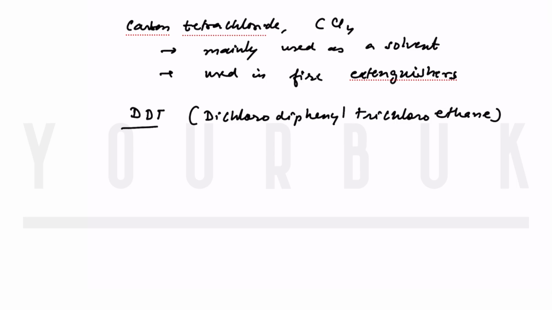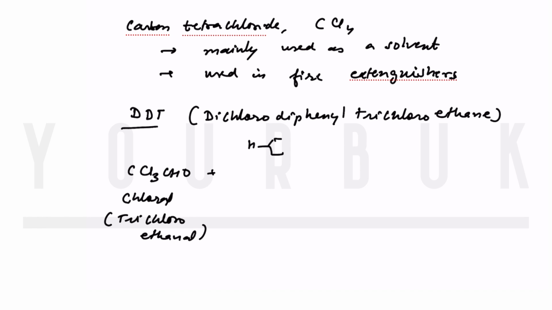This DDT is obtained by reacting this compound called chloral, trichloroethanal, with chlorobenzene. This is chlorobenzene. Two molecules of chlorobenzene in the presence of concentrated sulfuric acid.